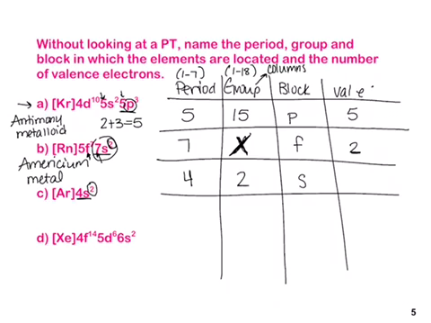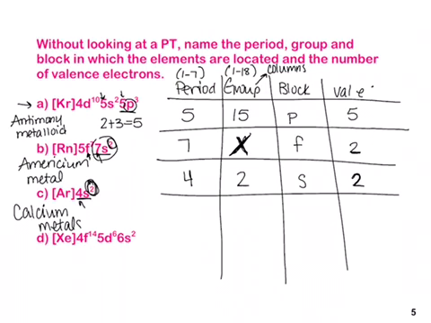And the S indicates the S block, and again this 2 here tells us that in that 4th energy level we have 2 valence electrons, and since 4 is the highest, that would indicate our number of valence electrons. This happens to be calcium, and again that falls in the metals.